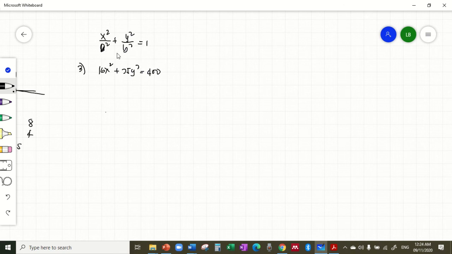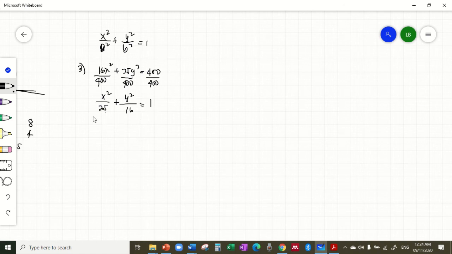Or pwede rin nandito yung a and b. Kailangan 1 dito. So, di-divide natin to sa 400. Divide sa 400. Yan. So, 16 over 400 becomes x squared over 25 plus y squared over 16 equals 1.